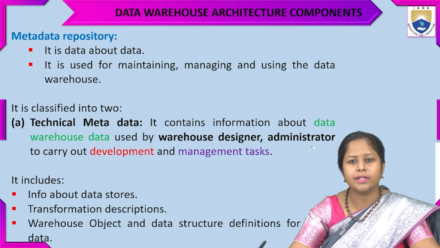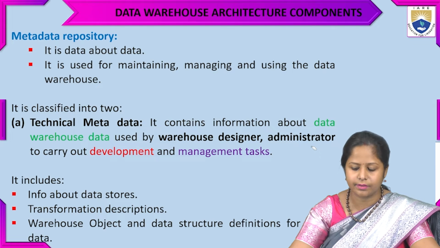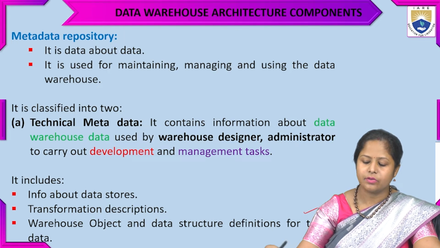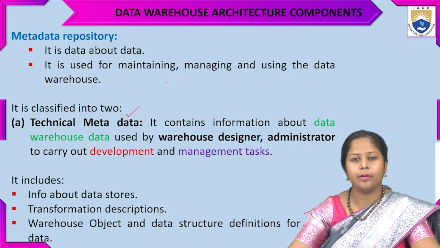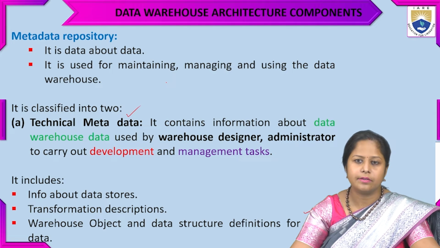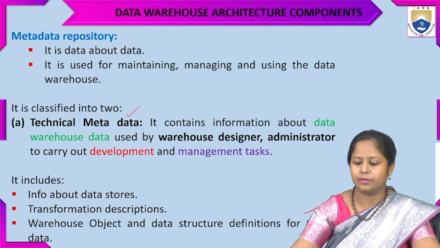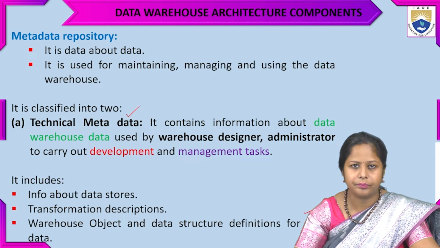Data warehouse objects and data structure definitions for the target data. So this technical metadata will tell about the data warehouse object and data structure definition for the target data.